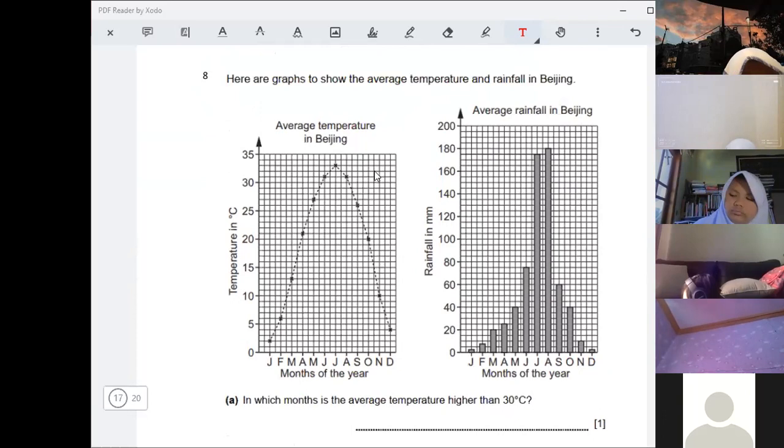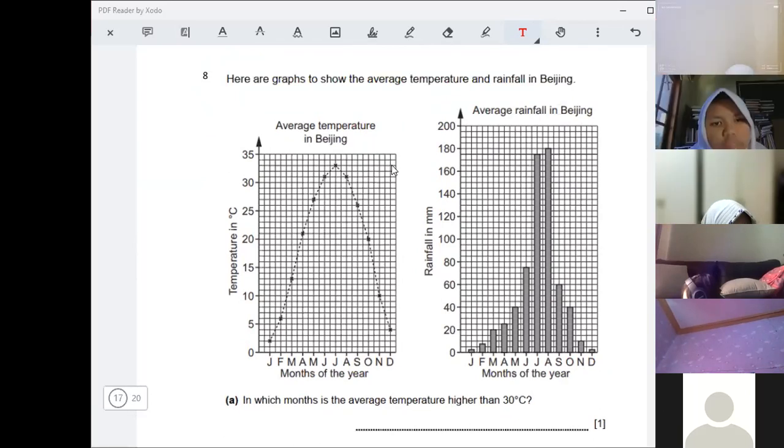Okay, now you may see the temperature in Beijing and the rainfall in Beijing. In which month is the average temperature higher than 30? In which month higher than 30? July. Let's see. It's quite small, yeah, the data. January, February, March, April, May, June, July.